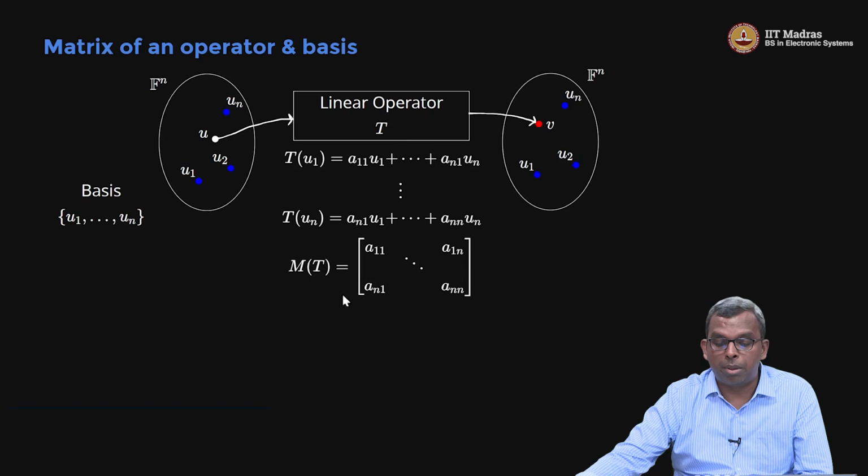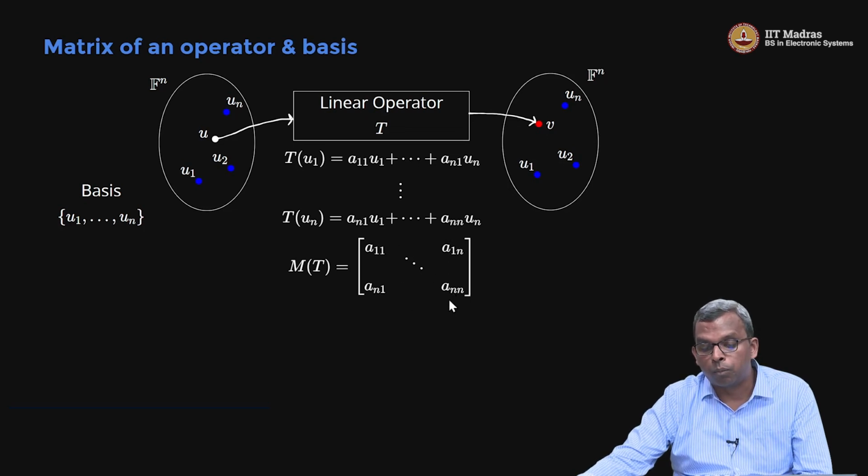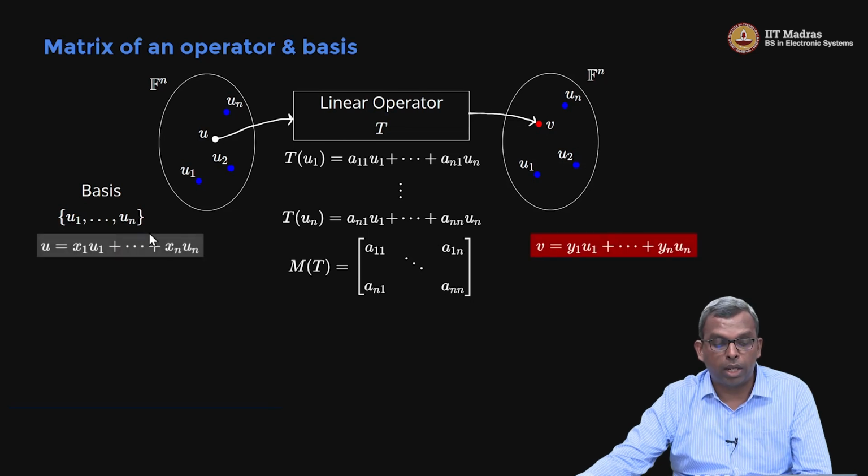Now from there I know my matrix is a11 to an1, right? The coordinates of T of u1, then I have coordinates of T of u2, so on till coordinates of T of un. Okay, column wise if I write it down, that will give me my matrix M of T with respect to this basis u1 to un. Is that okay?